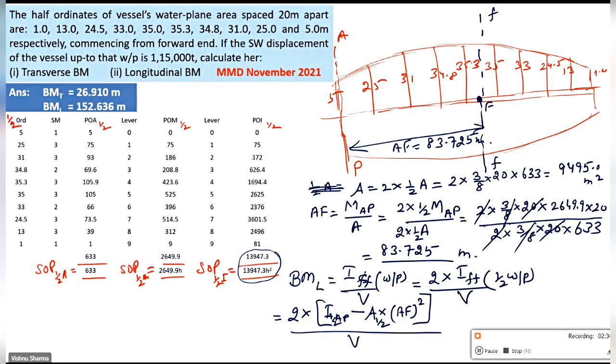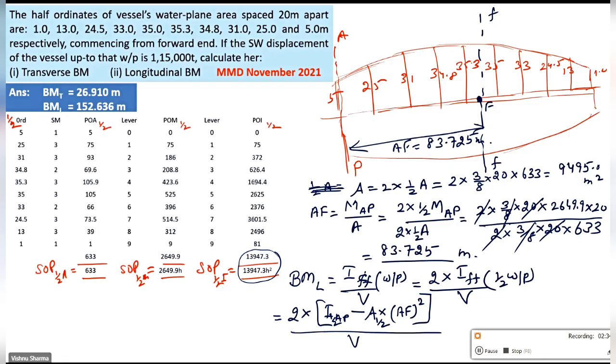That is how the theorem of parallel axis is written. But what do we have here? We have IAP. So if from IAP I have to get IFF, then it will be IAP minus AD square. We discussed yesterday also. It's going to be minus, yes or no? Correct, sir.